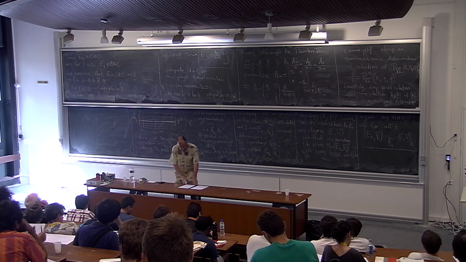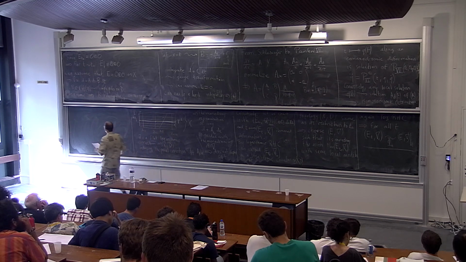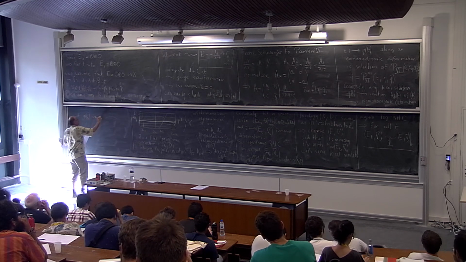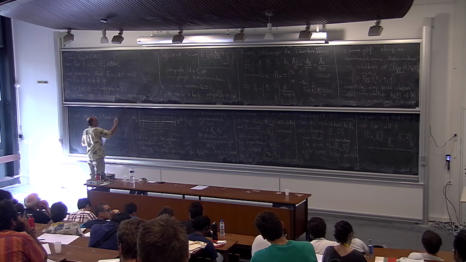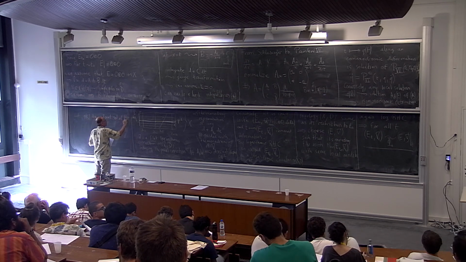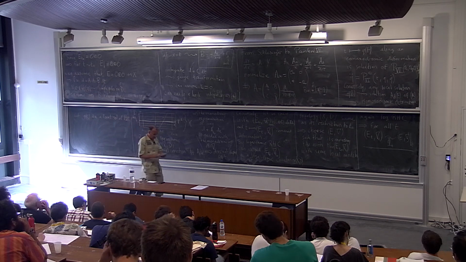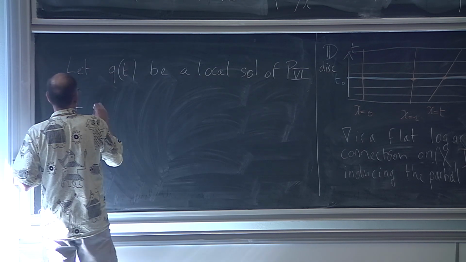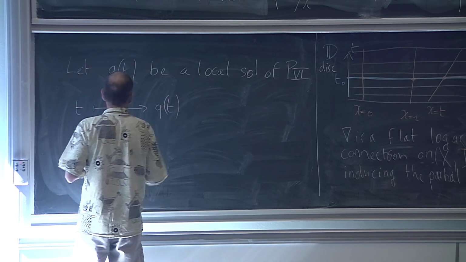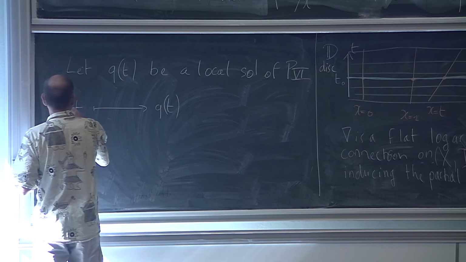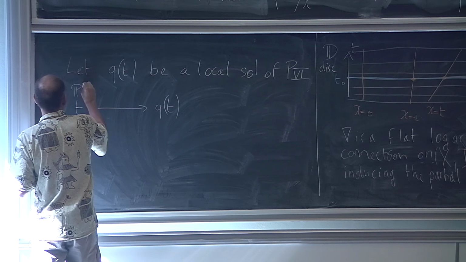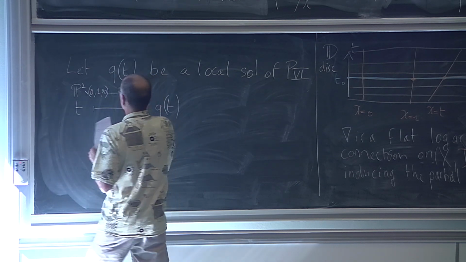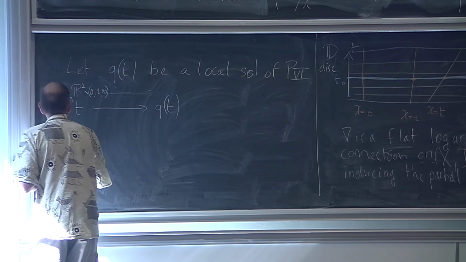So let Q of t be a local solution of Painlevé VI. Then, so you have t gives you Q of t. And here t belongs to P1 minus 0, 1, infinity. Okay. And I can look at the universal cover.